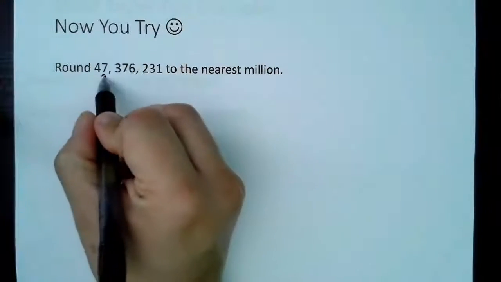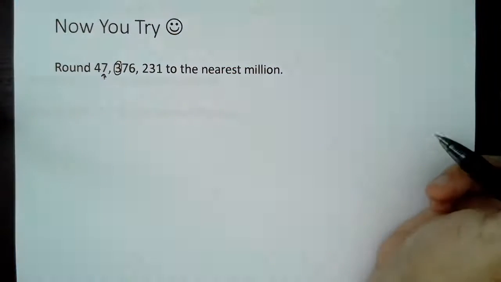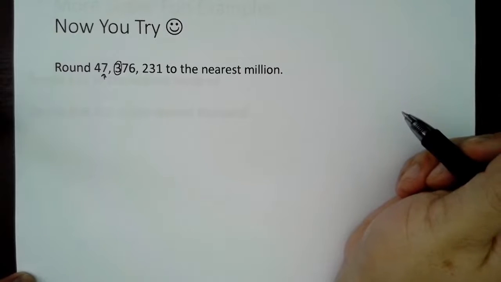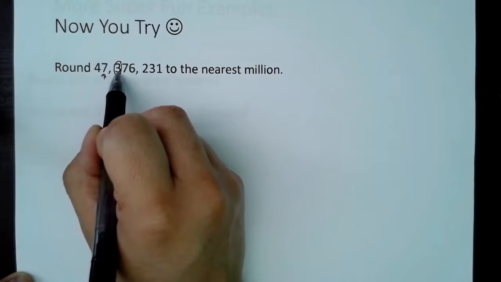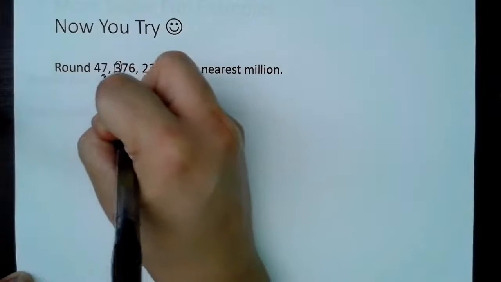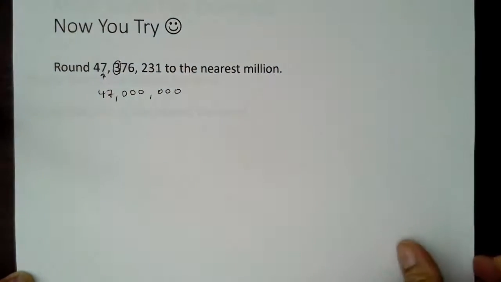This is the number that we're thinking about, but we use the digit immediately to the right to tell us whether to round up or stay the same. In this case, it's less than 5, so we remain the same, 47 million, and everything else just becomes zeros.